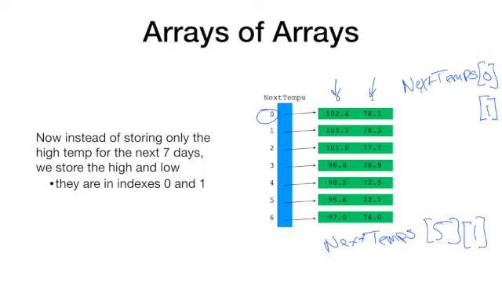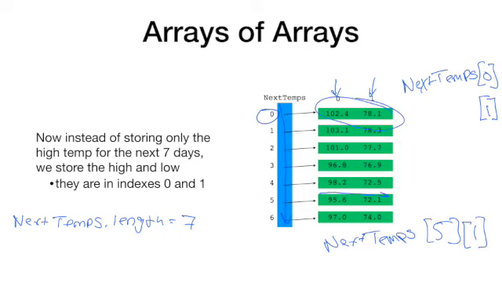And there are some things we can do with this. We know before that we could say nextTemps dot length, and that gives us the length of this array here. In this case, nextTemps length is 7. But if we want to get the length of this inner array, we need to index the outer array.